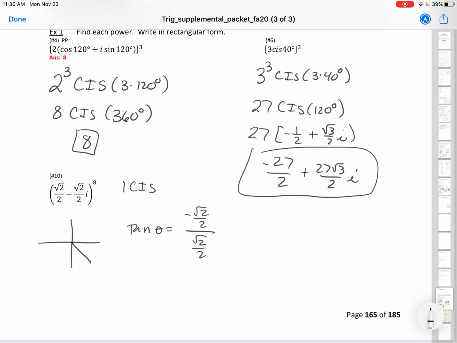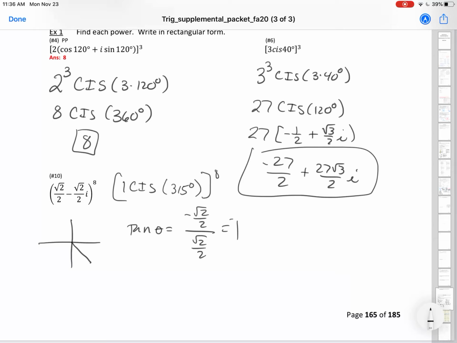And so what's that? Well, that's 1 and negative, I guess, and we know that's 45 degrees reference angle in that 4th quadrant. In that 4th quadrant is 315 degrees. No problem. So we get a nice 315 degrees in there, and we're raising that to the 8th power.